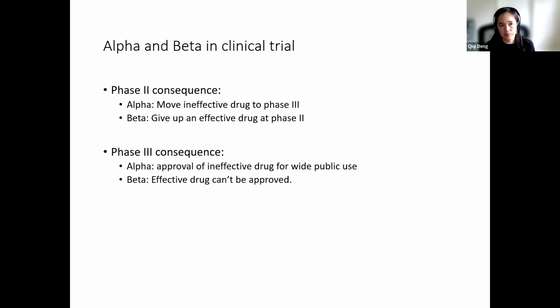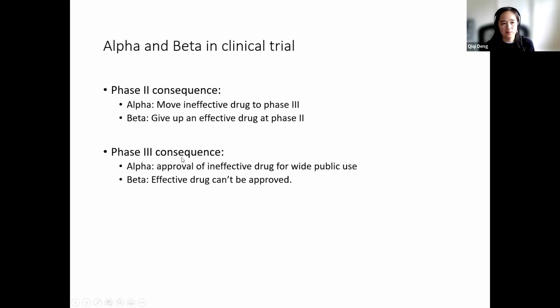In phase 2, if you have a type 1 error, which means it's an ineffective drug, but you move it to the next stage, then the consequence is that you just move an ineffective drug to phase 3.